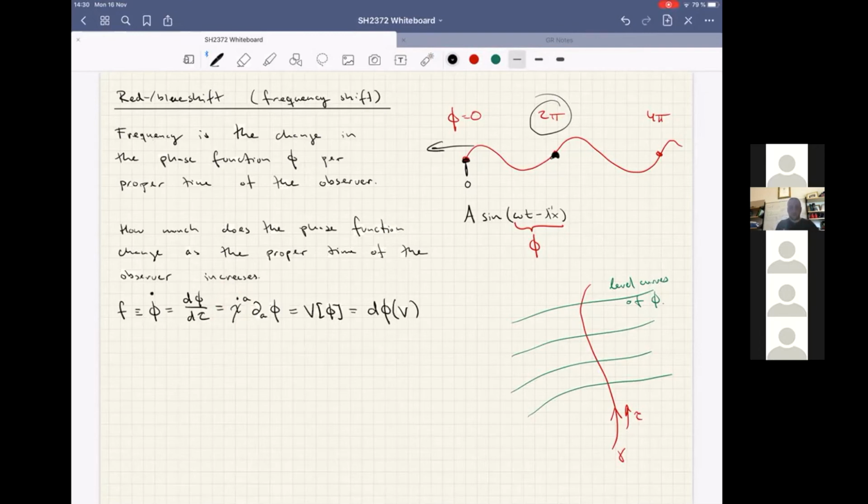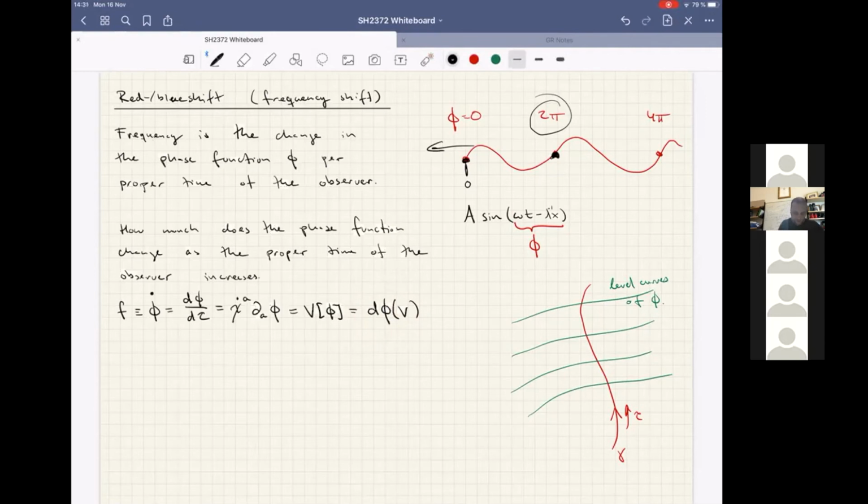So the frequency, which was just the change of the phase function per proper time, can be written like this in terms of the forward velocity and the differential of the phase function in the manifold. So this means that if I know the forward velocity of the observer and I know the phase function, then I'm going to know which frequency the observer observes.